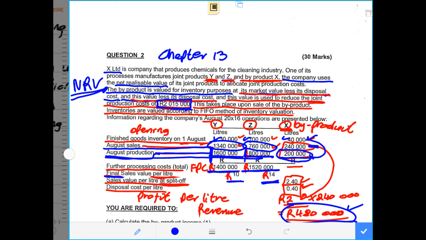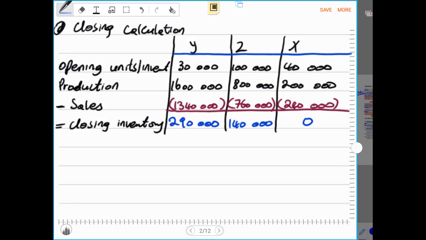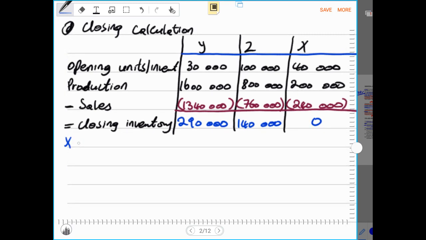They sold all of them. That means there was no need for us to be calculating the closing of byproduct X.